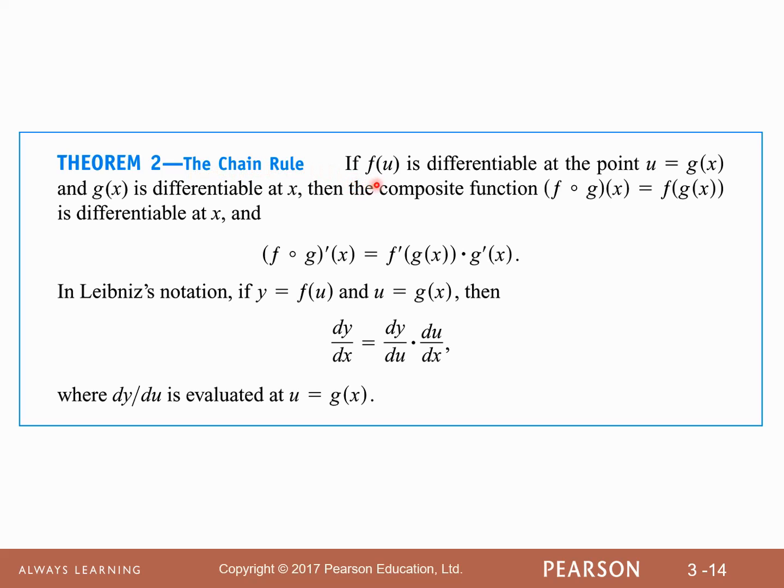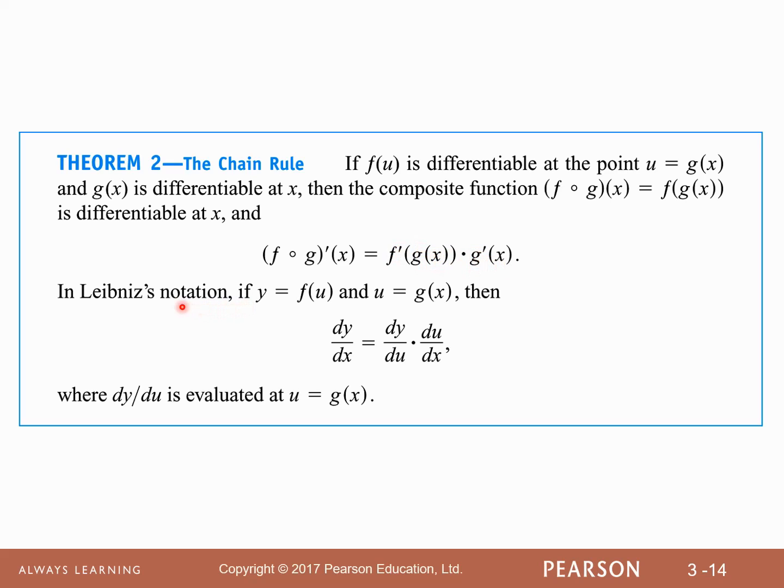If f of u is differentiable at the point u equal to g of x, and g of x is differentiable at the point x, then the composite function f circle g is differentiable at x, and the derivative of f circle g at x is equal to f prime at g of x times the rate of change of g at x.